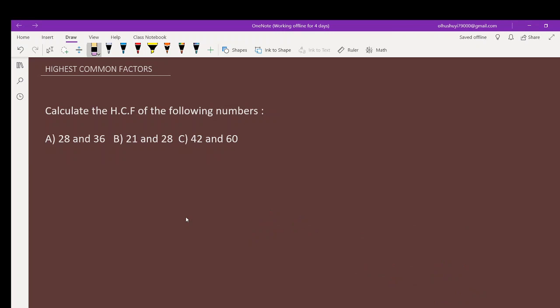Going to the next question, let's do 21 and 28. 2 will not divide 21; it will only divide 28. So you don't use 2, you go to 3. Can 3 divide 21? Yes.